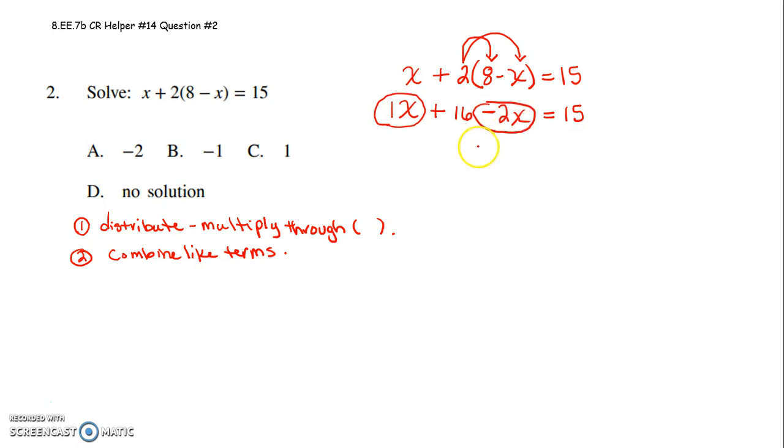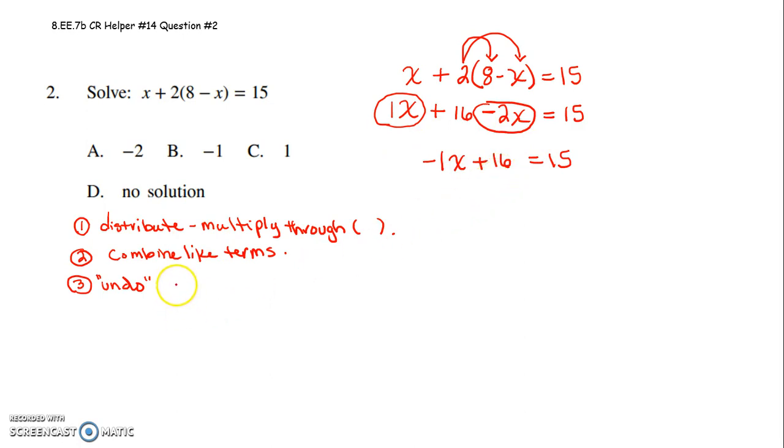If you're uncomfortable with your integers, you need to pick up a calculator and do 1 minus 2. 1x minus 2x is actually a negative 1x. Then we keep our plus 16, and we keep our equals 15. Now that we're down to a two-step equation, you want to undo. You always go to the side that has the variable x, because you're trying to get that by itself.